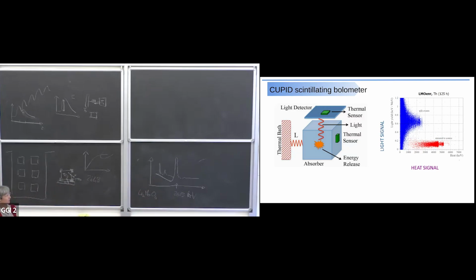But at 10 millikelvin, the same plot that I've shown you before looks like this. And these are alpha particles, and the blue dots are events due to beta gammas. So with this device, I'm really able to reject 99% of the alphas.